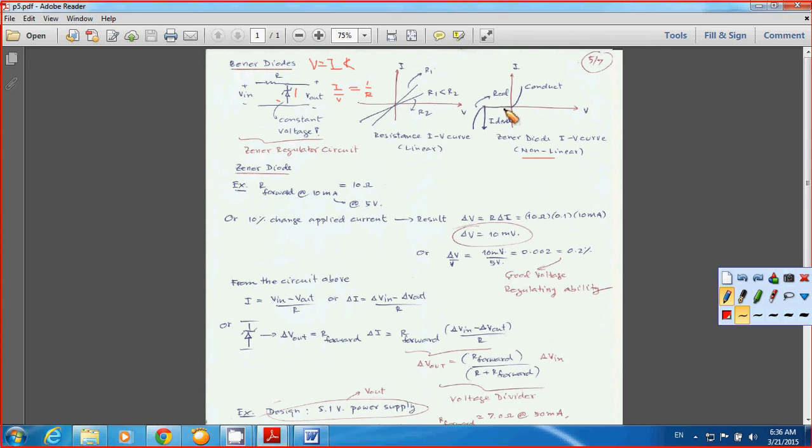When you supply the negative voltage to the diode, at some point it's going to break down. So a diode is one of the electronic components that works as an on-off switch, but only allows the current to flow in one direction.